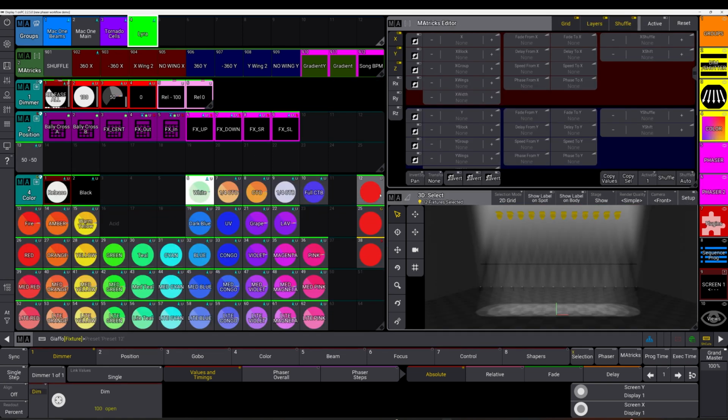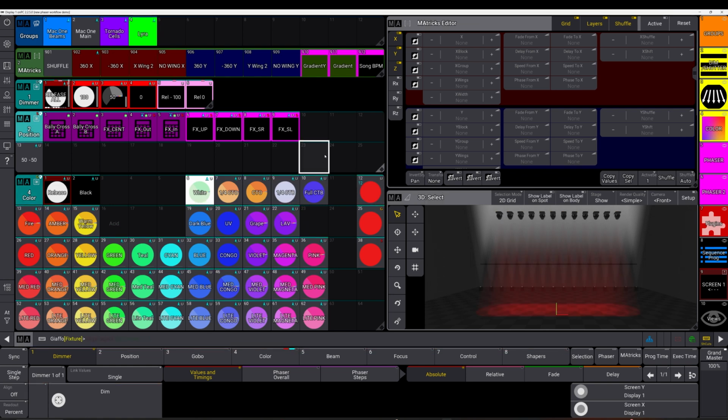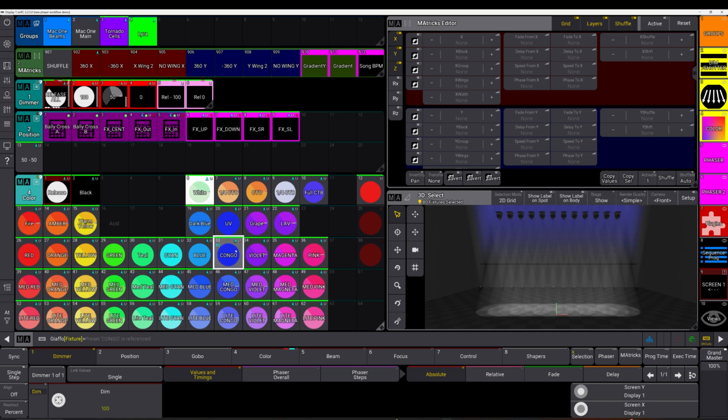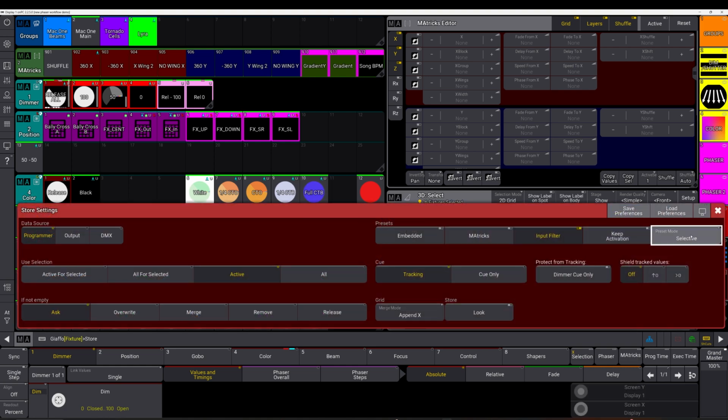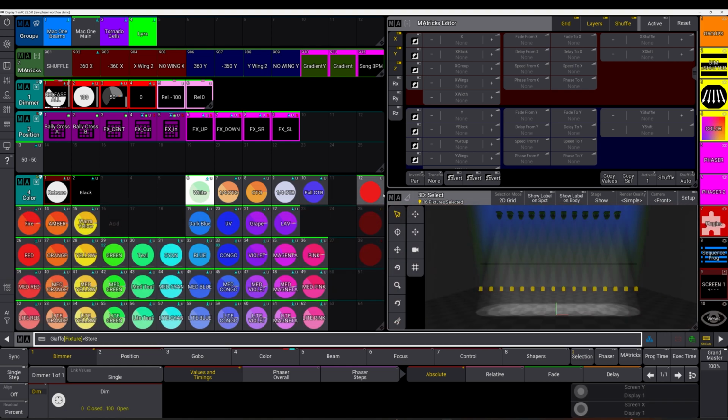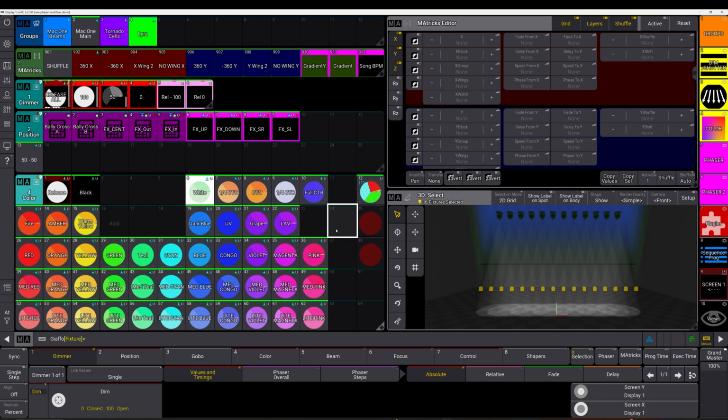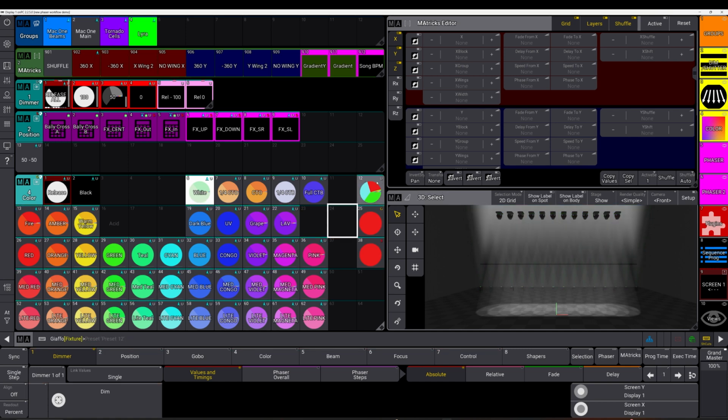So if I say I want my liras, and let me add additional information in here. So if I grab my tornado cells and I put them in Congo, I'm going to grab my MAC1s and put them in green, and I'm going to store universal into this. Notice that our universal preset, which in MA2 logic, if it only has universal information, should only have one set of values, is showing us 3 different sets of values.